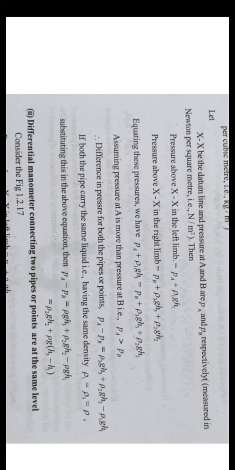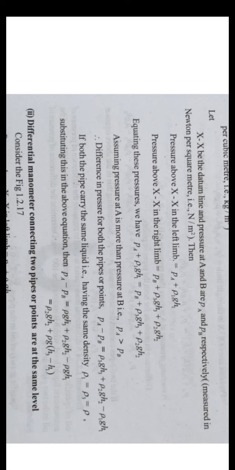So we can give it as rho 2 GH2 plus rho G into (H3 minus H1). This is the equation for finding the pressure difference between two pipes having the same liquid, with the pipes at different levels. Now we will move on to the differential manometer connecting two pipes or points at the same level.